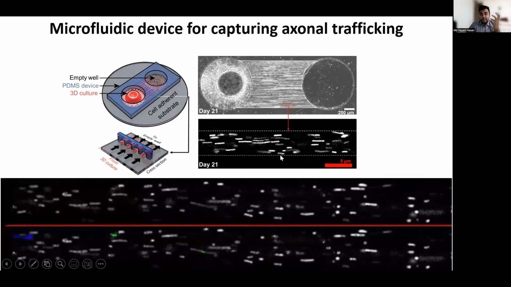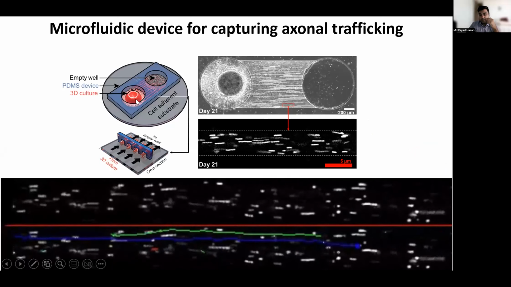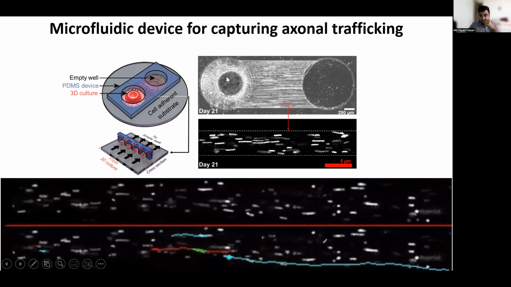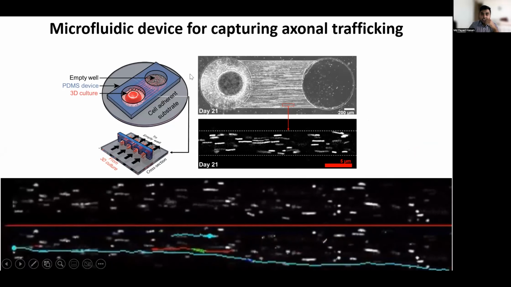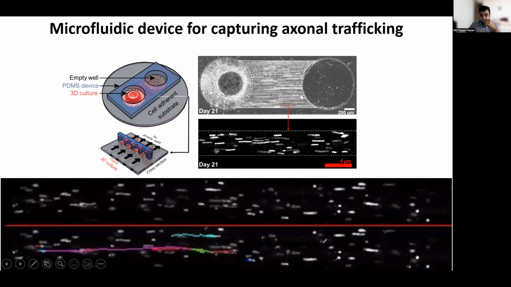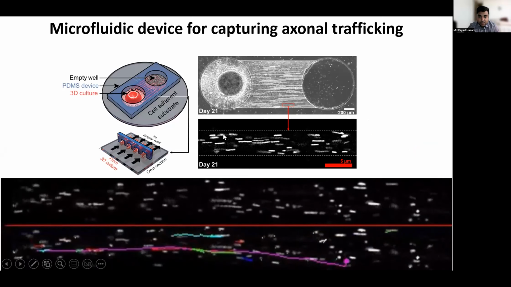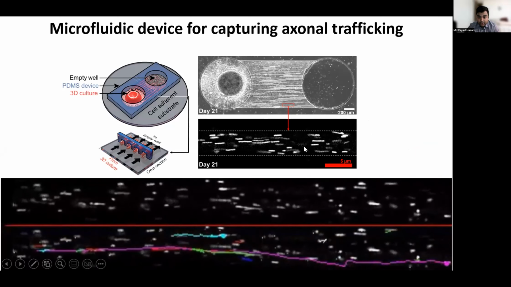To solve this problem, I developed new microfluidic devices with a 3D culture here, the culture I was showing, and these small microchannels. If you image here, you can see individual mitochondria.